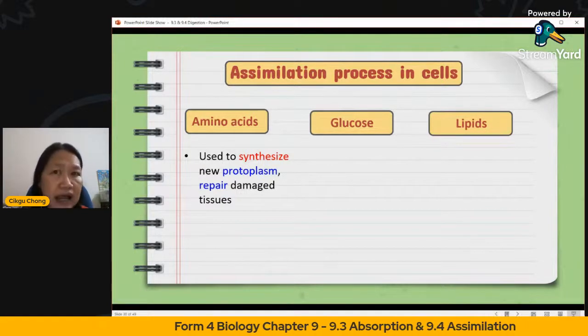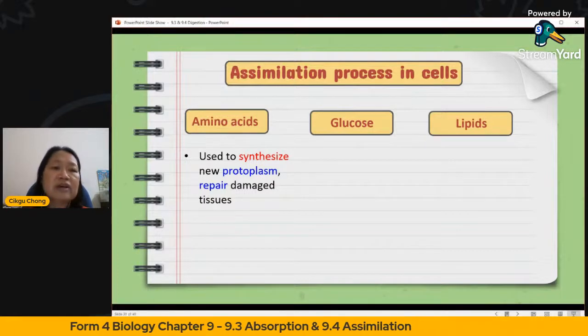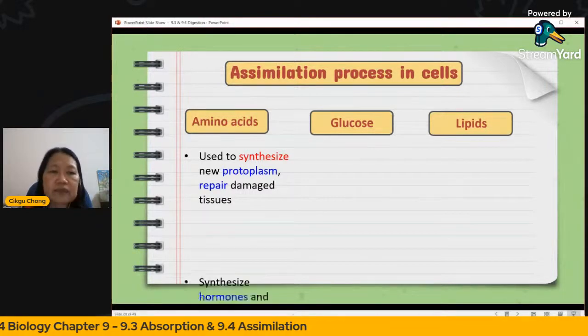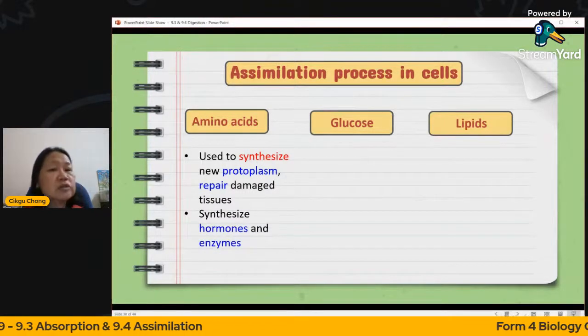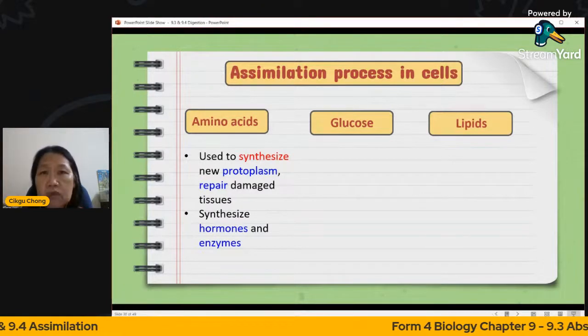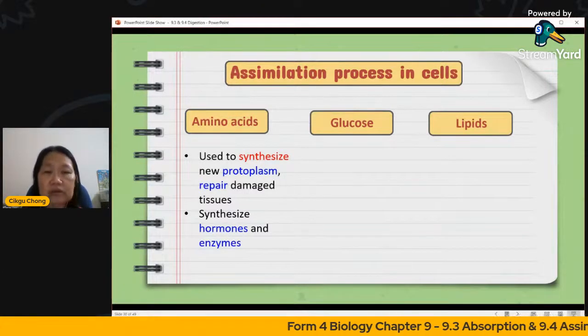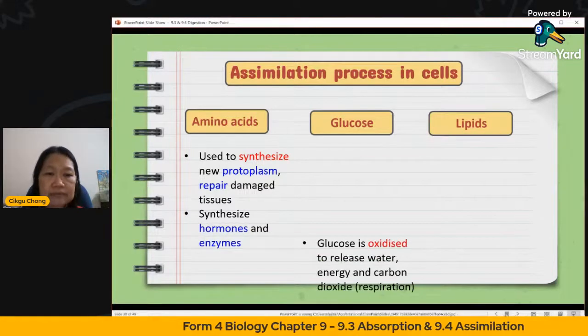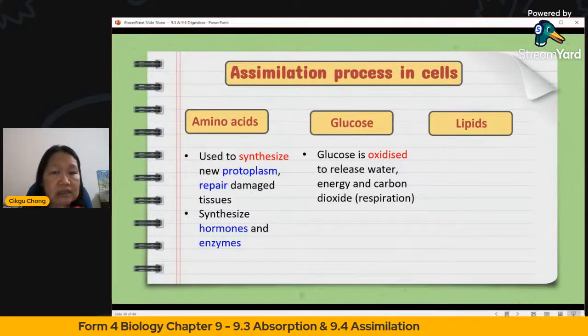Your cells will die, they will not stay with you forever. So you have to make new ones to replace. And then your amino acids are also used to make hormones and enzymes, which are important for your metabolic processes.